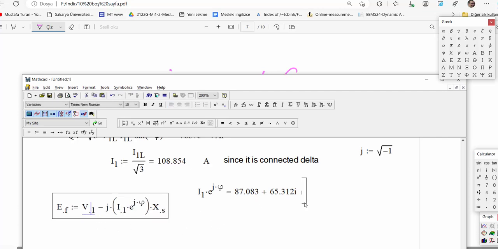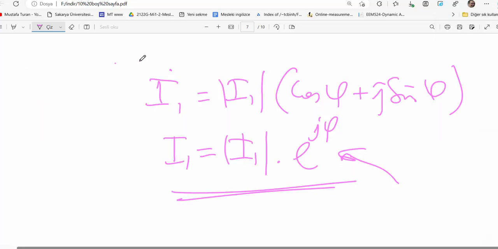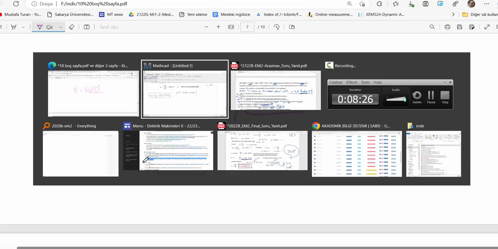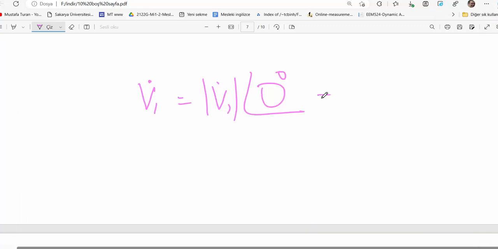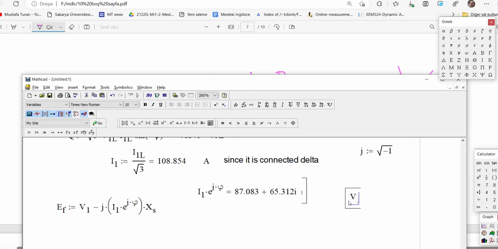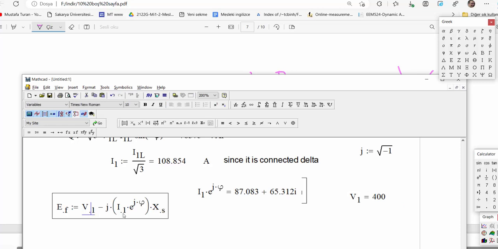V1, it is reference. V1 is reference. I mean the angle is 0, so there is no imaginary part. It looks like A times J0. No imaginary parts, so it is already real part, no problem.